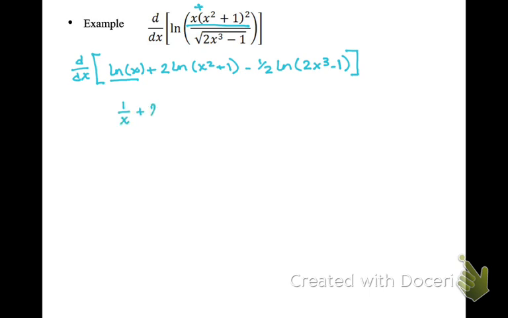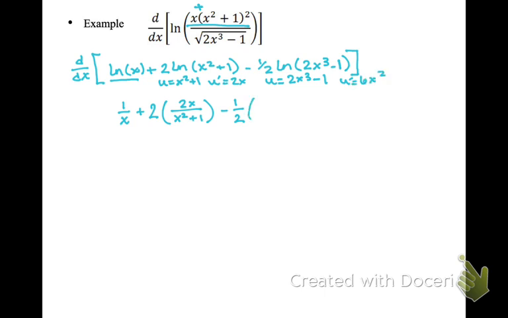Plus 2, and the next one, u is x squared plus 1 and u prime is 2x, so it's 2 times 2x over x squared plus 1, minus 1/2, and u is 2x cubed minus 1, and u prime is 6x squared.